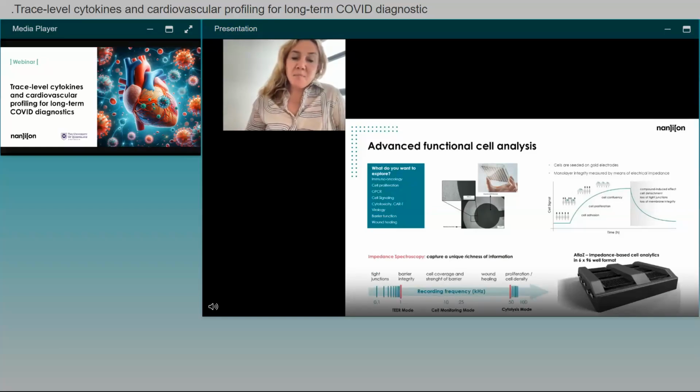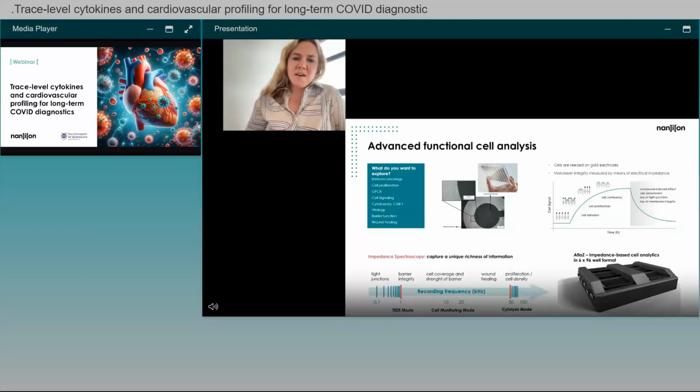Here, with this method, we can investigate a lot of different effects in cells over time in parallel, because we have a full spectrum of different recording frequencies, and therefore we can detect different things that are going on in the cells.